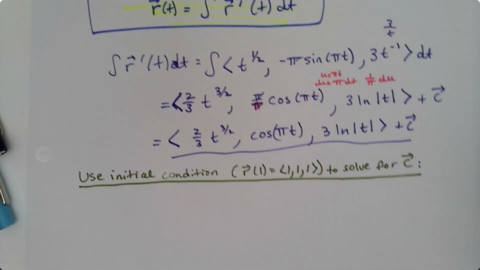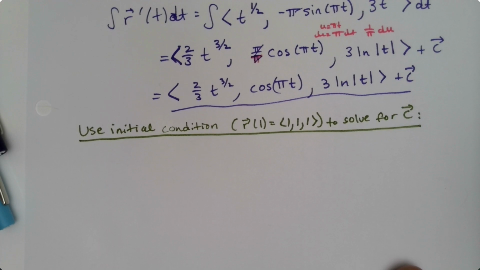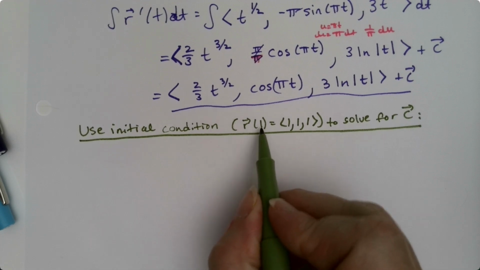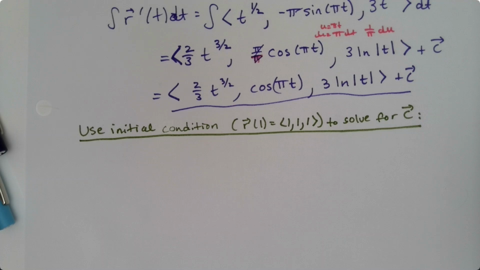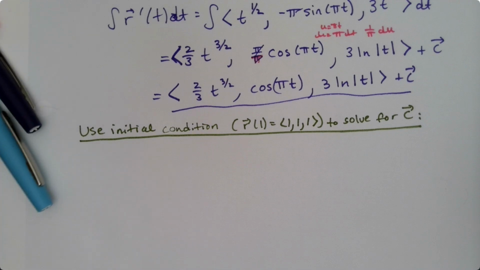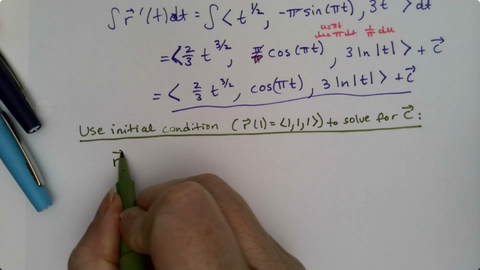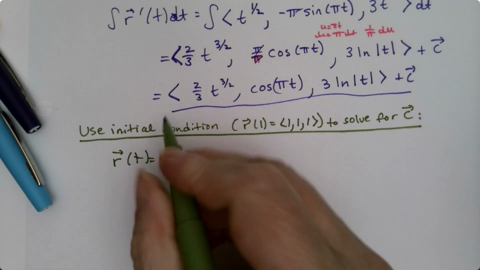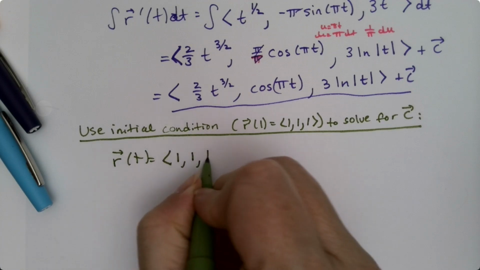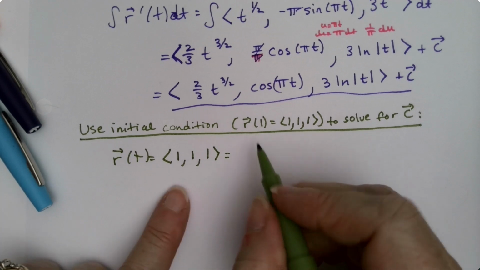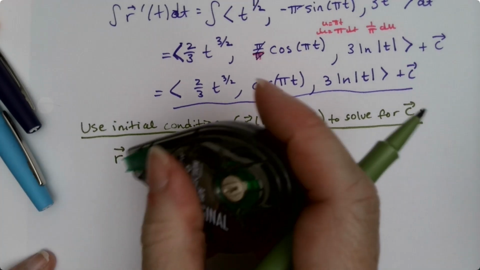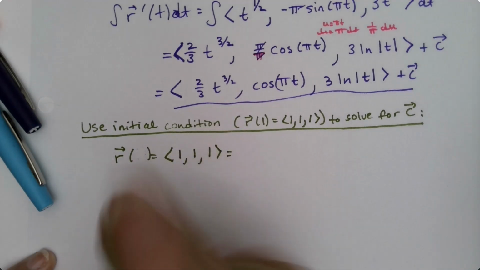Okay, we can do that. So remember that this initial condition is t equals 1. So I can say r of 1, which is 1, 1, 1, would be equal to, that's a 1 right there. I know it looks like a t, but I meant to write a 1.